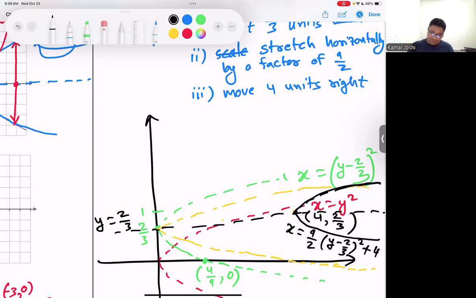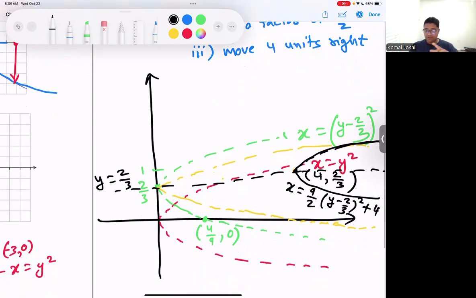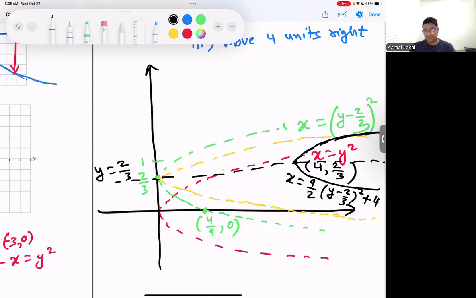Okay, so replay this video and understand the various transformations that have been done. I'll repeat here orally. x equals y square, the parent graph. You moved up by 2/3 units. So it becomes x equals y minus 2/3 squared. Okay. Then you stretch it by a factor of 4.5, like 9/2.